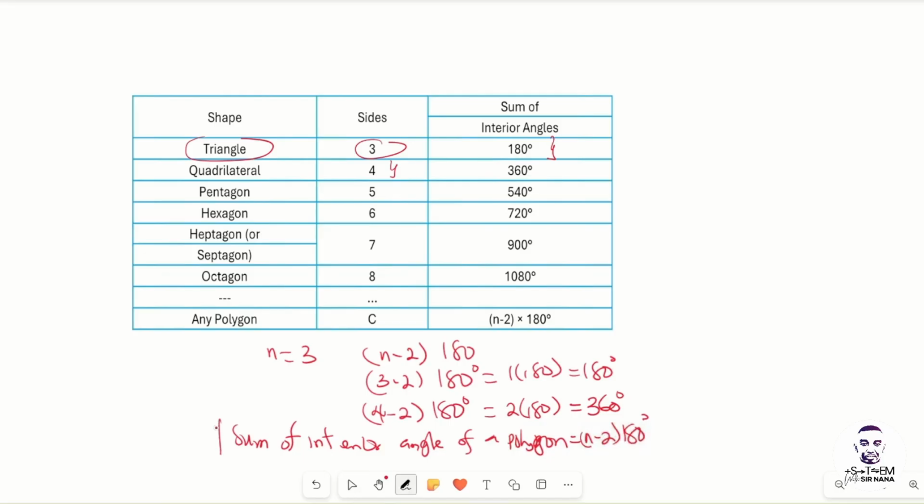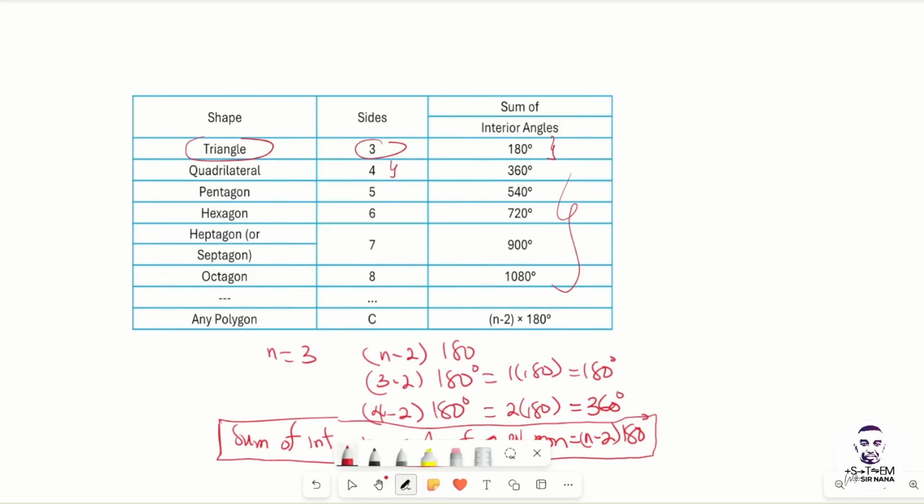So this is a general formula for finding the sum of the interior angles of a regular polygon. We've gone through the process intuitively, from the quadrilateral to the pentagon to the hexagon, and now generally, when we consider these tables, to be able to say that the sum of interior angles of a regular polygon is n minus 2 multiplied by 180.